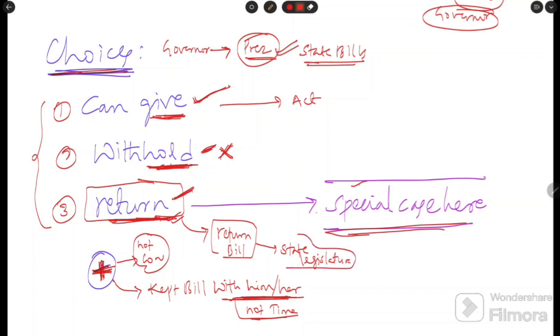The state legislature needs to consider the bill returned by the president within 6 months. It means the state legislature needs to take a decision over the bill, whether to repass the bill or not to pass the bill.